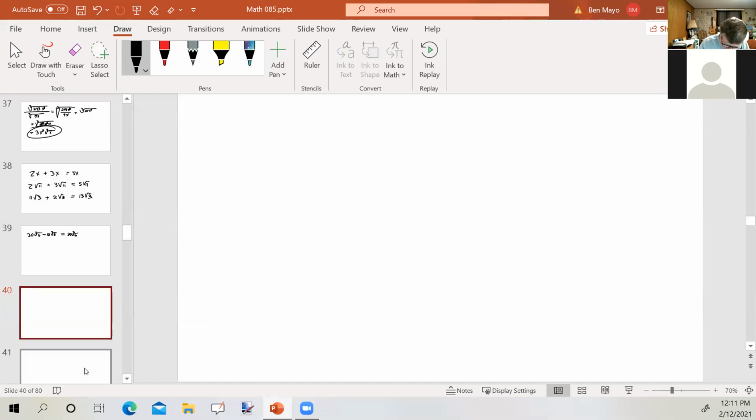Now, let's say we've got 9 plus the square root of 45 plus the square root of 20 plus 16. And again, it says simplify by combining like radicals. What we want to do is simplify each term as much as we can first. The 9 and the 16, we can't do anything with yet. All we can do is put them together eventually.